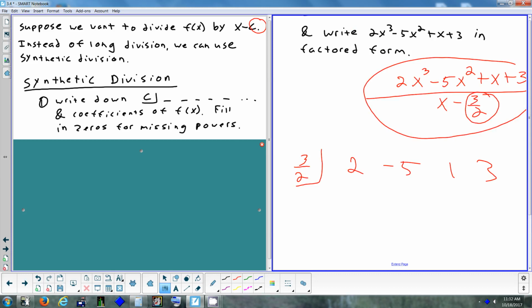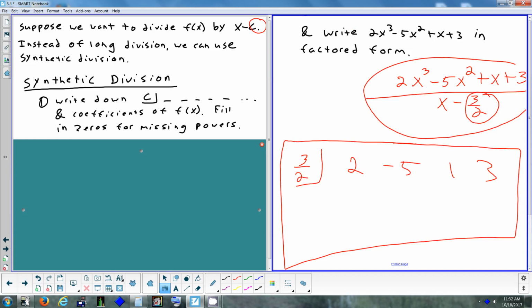Nice thing about synthetic division is I can basically put a box around that. All my work is going to fit in that box. Long division, you kind of get into that pattern where you're going down and to the right, and it just keeps going that way. Synthetic division, once you put your columns, it's a fixed amount of space. So not only is it faster, but it takes up less space on paper.